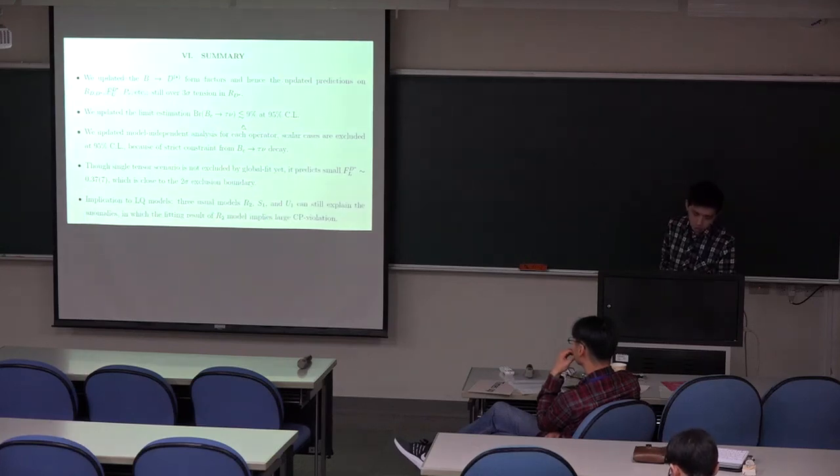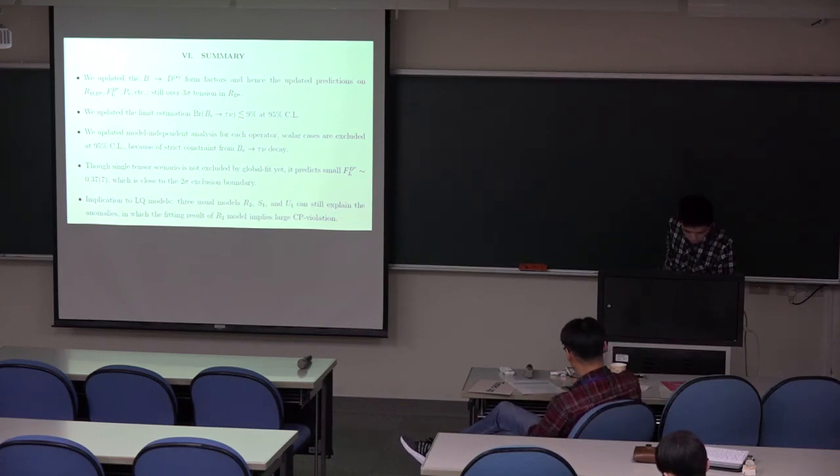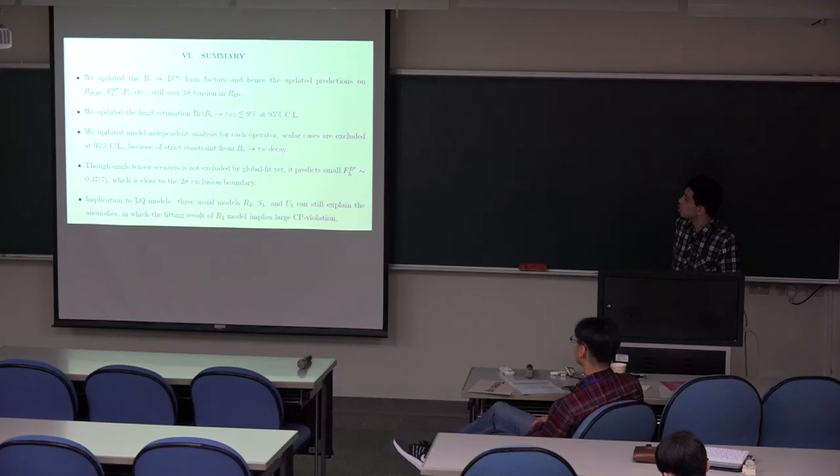Let's turn to the summary. We updated the B to D star form factor. This is the main point of this paper, but I just go through it quickly. And we updated the limit of branching ratio BC to tau nu. And we updated the model independent analysis with the single operator, and scalar cases are excluded.